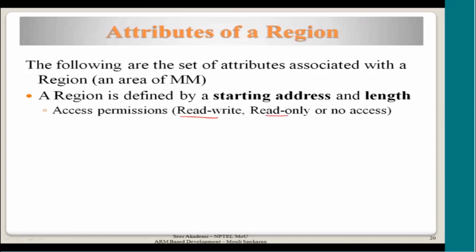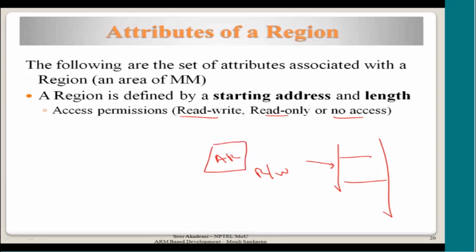Access permission could be any of these. That means a particular area in the memory can be both read and write. What I mean by that: if a processor is executing an instruction, when will a read or write happen?